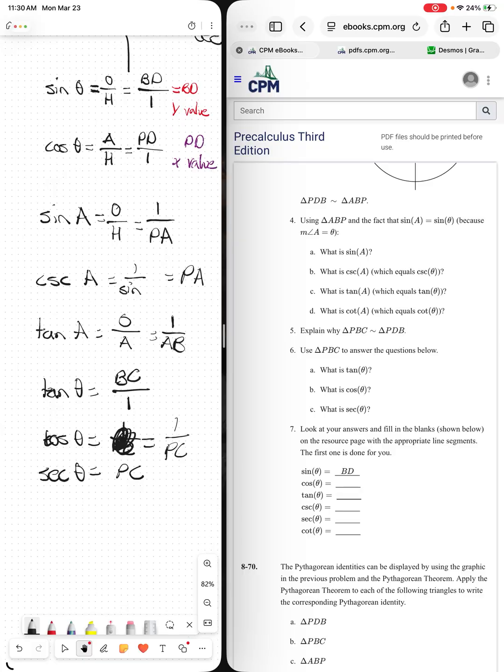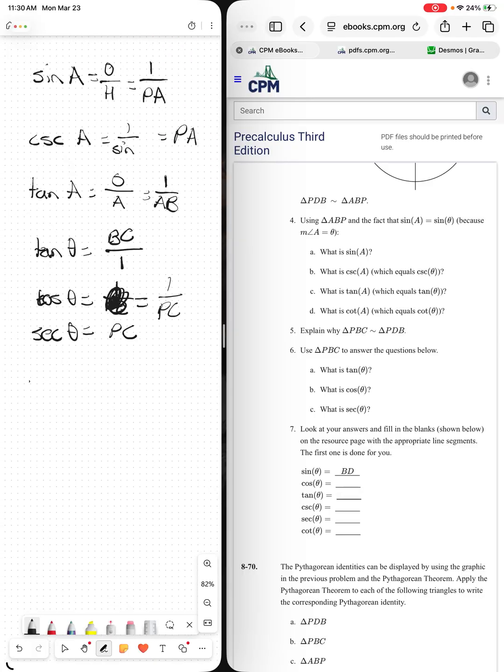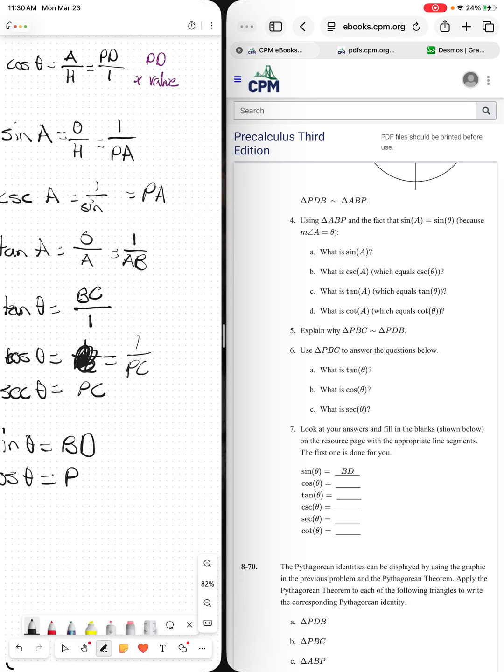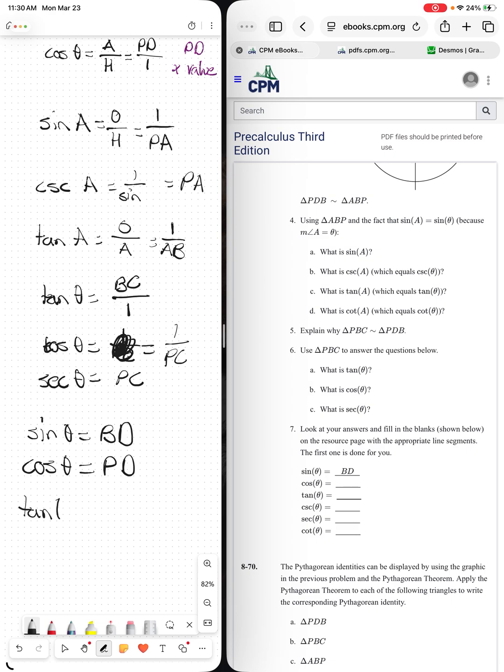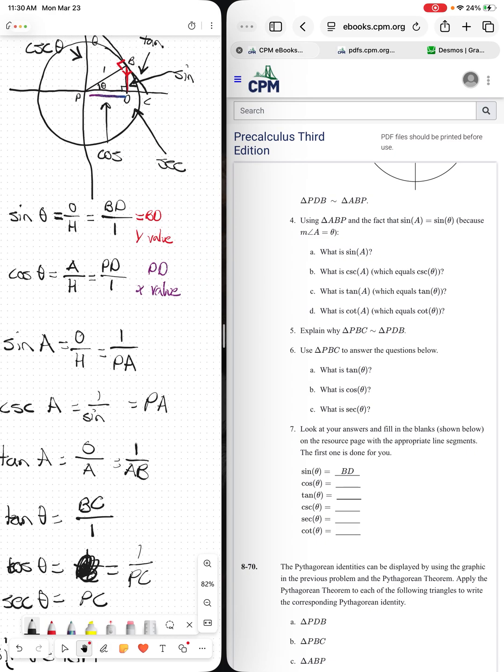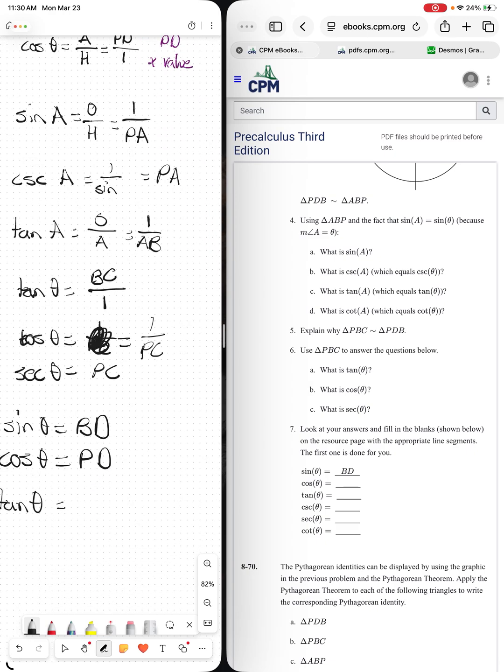Let's fill these in. Sine of theta is BD. Cosine of theta is PD. Tangent of theta is BC.